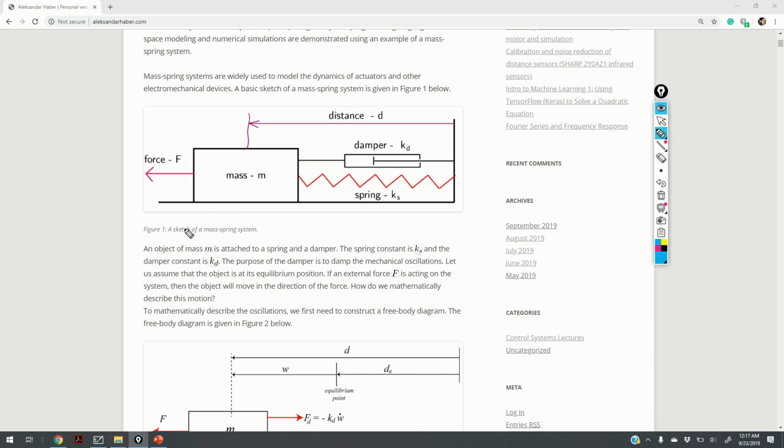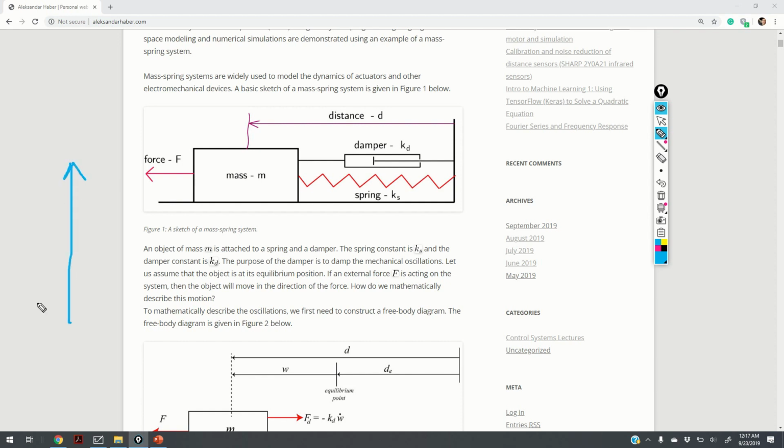Now, what will happen if, from a certain initial displacement from the equilibrium point, we apply a constant force F? How will the response of the system look?